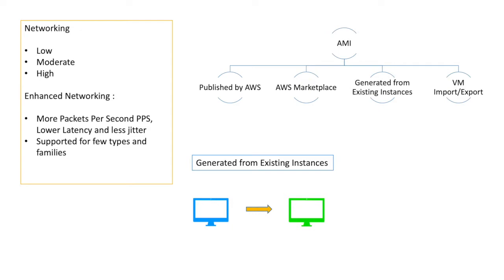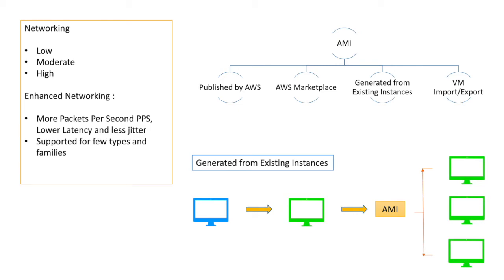Okay, so the next thing you are going to do is generate an AMI from this instance with all the relevant software that you need, and using this AMI you are going to generate many other replicas or instances. So this is generated from existing instances, but if you have your on-premises machine which you want to import or export within AWS, that option is also available using AMIs with an option of VM import export.